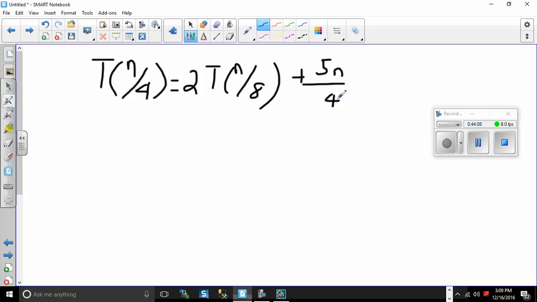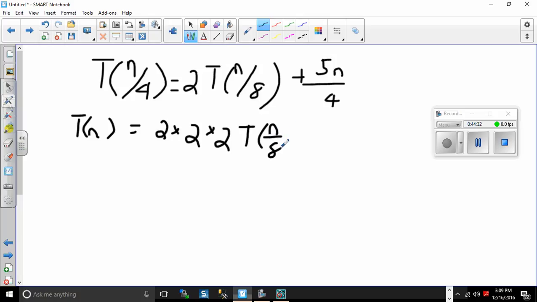And again, we'll substitute that back into our formula for T(n). So T(n), in terms of n over 4, would be 2 times 2 times 2 T(n/8) plus 5n plus 5n plus 5n.